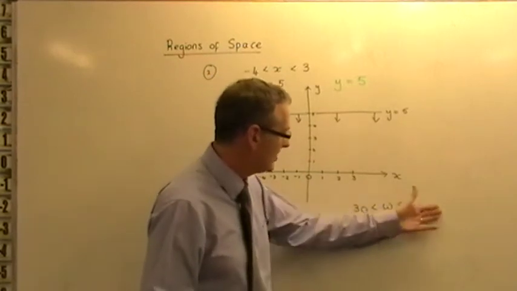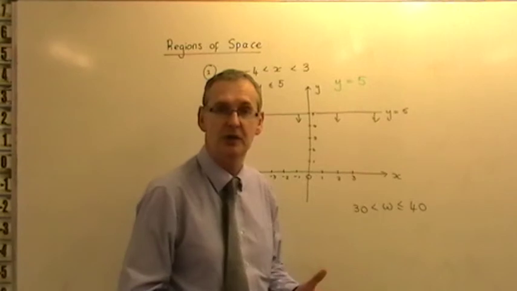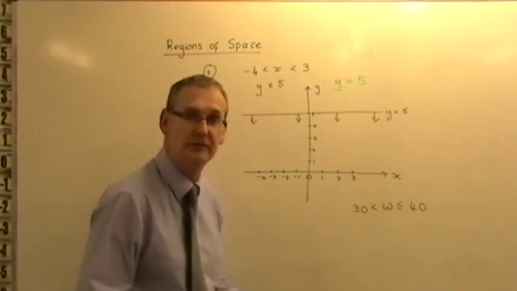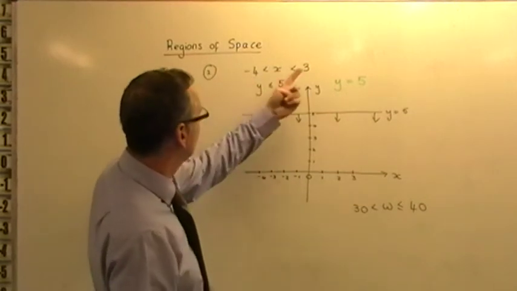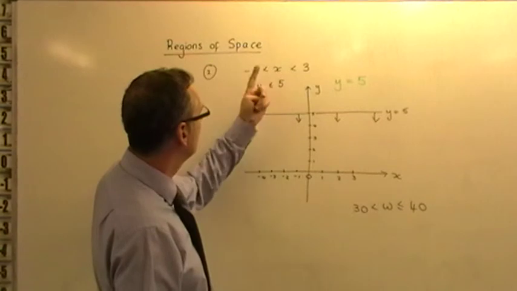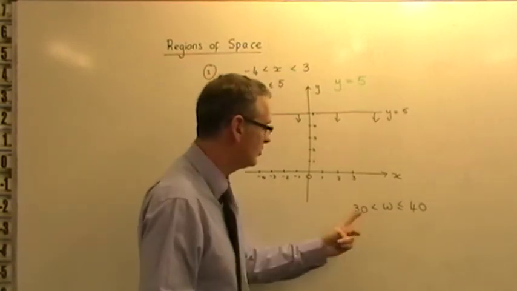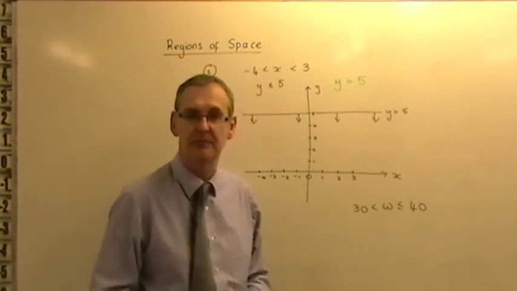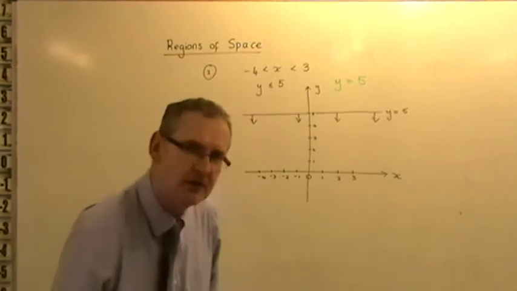So that is what you may have seen when you're doing group data work with, say, a bar chart or perhaps a histogram type question. And in the same way, if you see -4 to 3, that means that the x coordinates of all points must lie between -4 and 3, just like this is weights between 30 and 40 kilograms. So, what does that actually mean in practice when you draw it?